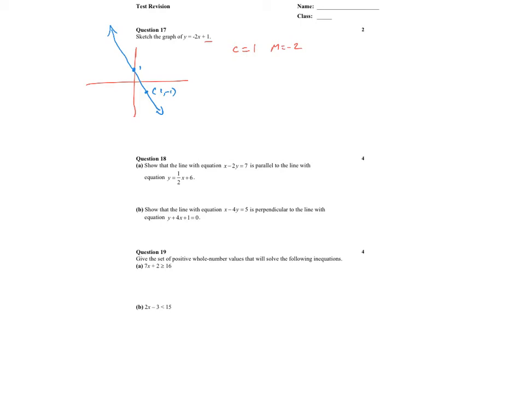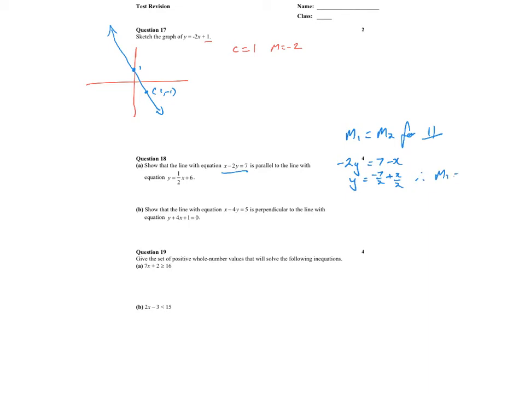Show that the line with the equation is parallel to the line with the equation. Okay, parallel lines, what do we know about them? Well, hopefully we know M1 has to equal M2 for parallel. So what is gradient 1? We'll have to rearrange this equation first. So I'll get negative 2y is equal to 7 minus x, divide by negative 2, y equals negative 7 on 2 plus x on 2.